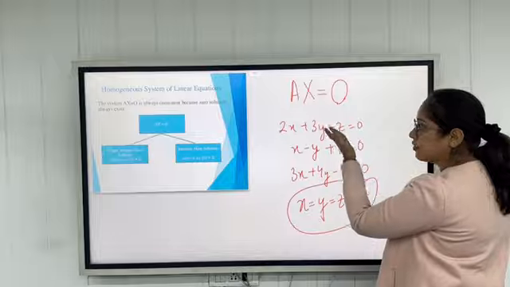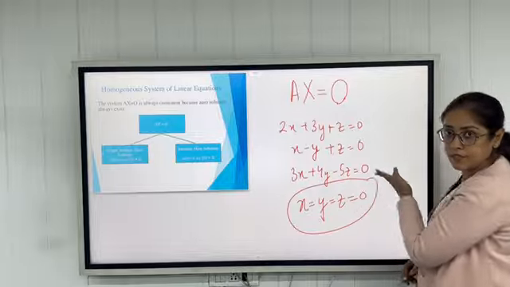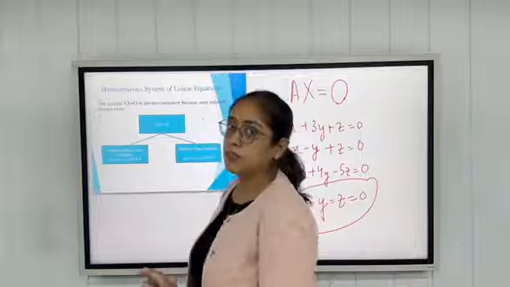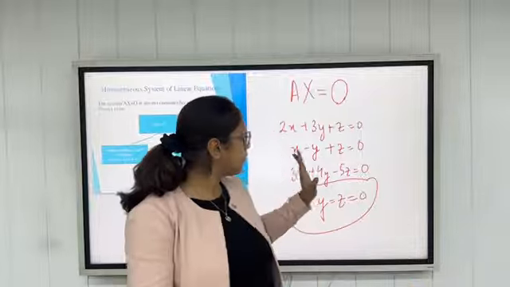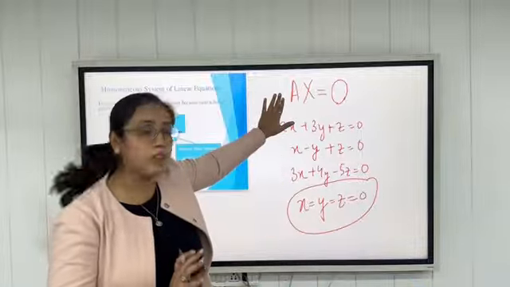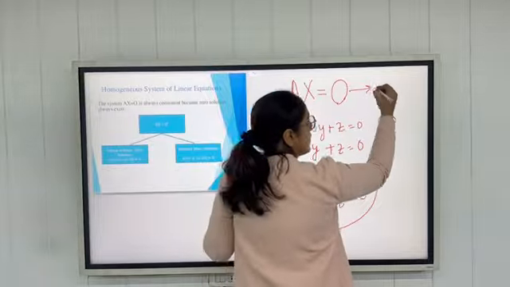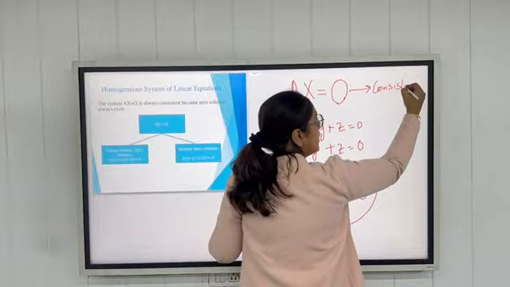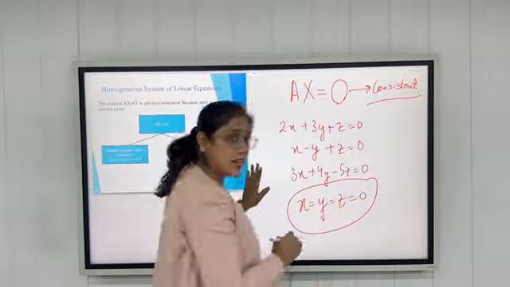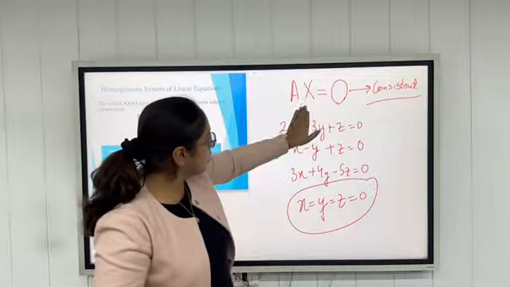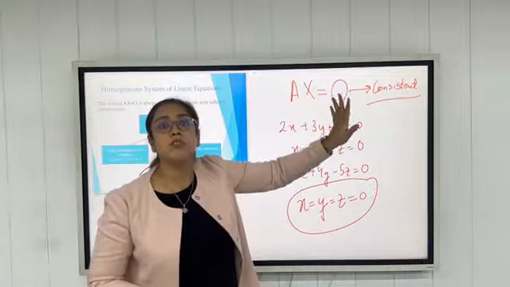You can put x, y and z equal to 0 and it will always satisfy. So the 0 solution is always a solution of a homogeneous system of linear equations. That means the homogeneous system is always consistent, because you will always have the 0 solution. Inconsistency never happens in this case.